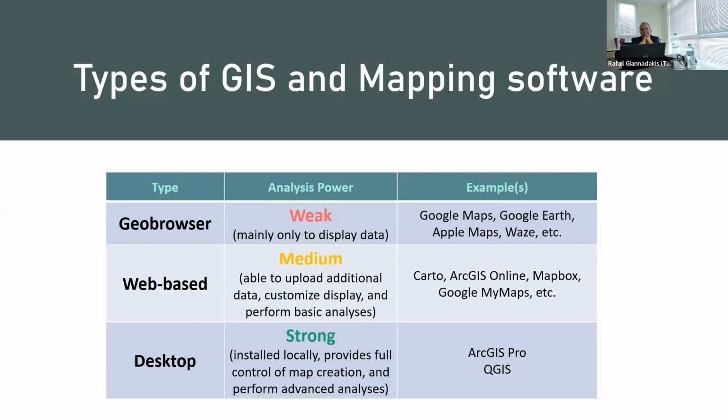QGIS is a free and open source program. Do you know what free and open source programs are? You don't pay for them, and you can use them for what you need. You can manage them very easily.